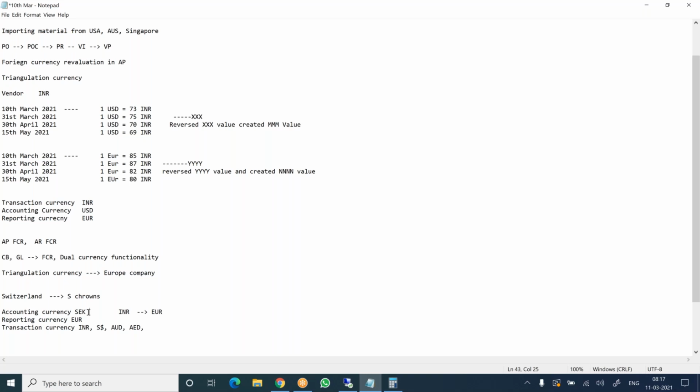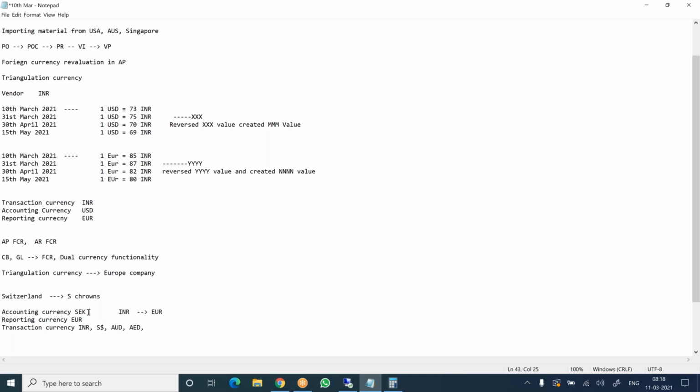I have one doubt. What is the good practice to do a revaluation for foreign currency, before payment or after payment? See, always before payment. Every month end, I need to run this foreign currency revaluation to get the actual profit or loss. For any organization, in the first week of every month, they generate the trial balance report, in which they see the current condition of the company.